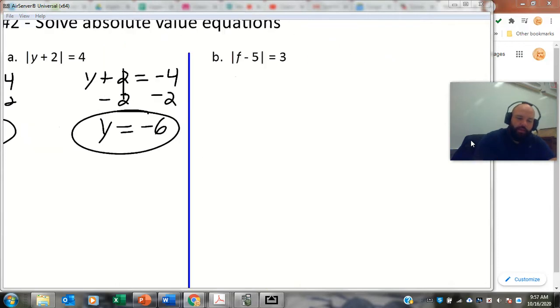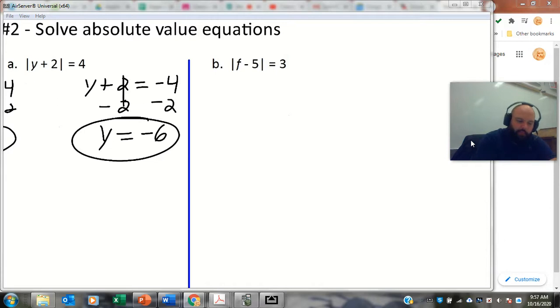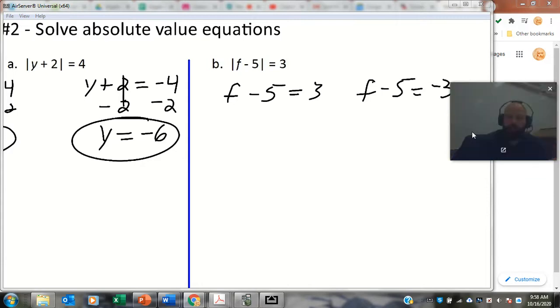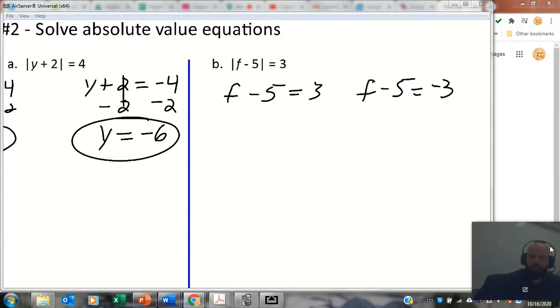So let's move on to B. We'll try this again. Same deal. This is going to split into two problems. The first problem is going to be f minus 5 equals 3. And the second problem is f minus 5 equals negative 3. And now I'm going to solve those two equations separately. But to solve them, you do the same thing.